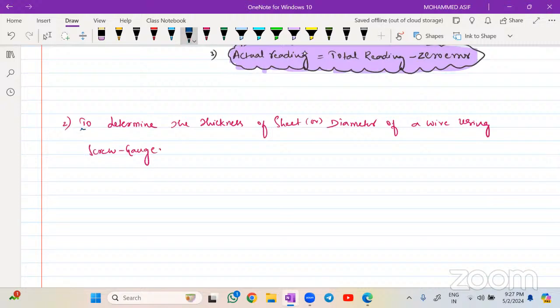So we need to determine the thickness of your sheet or the diameter of your wire using your screw gauge.